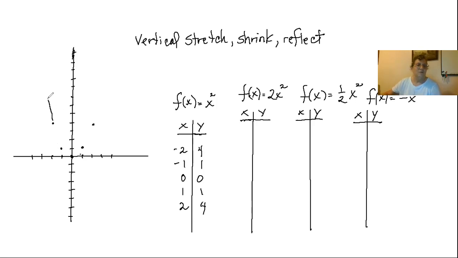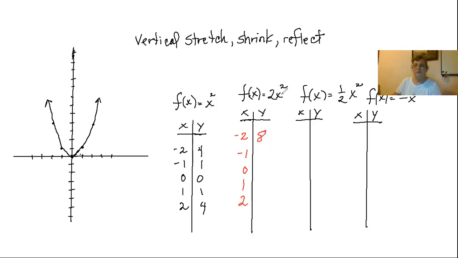So we get the parabola coming down through here. Something like that. Now, if I were to plug the same exact numbers in, -2, -1, 0, 1, 2, -2 squared is still 4, but if I multiply it by 2, that becomes 8.